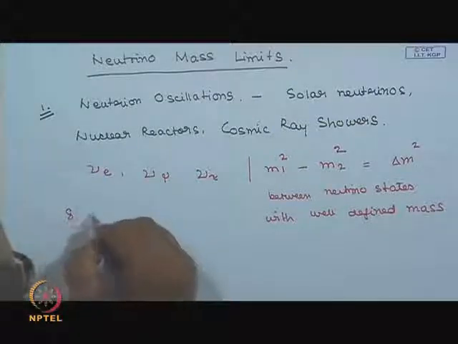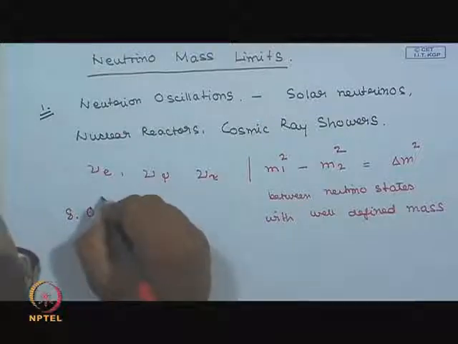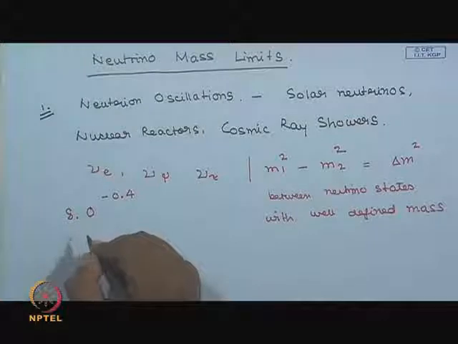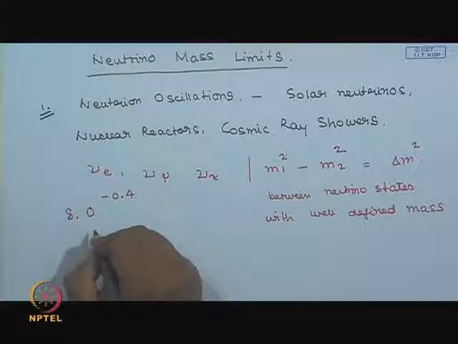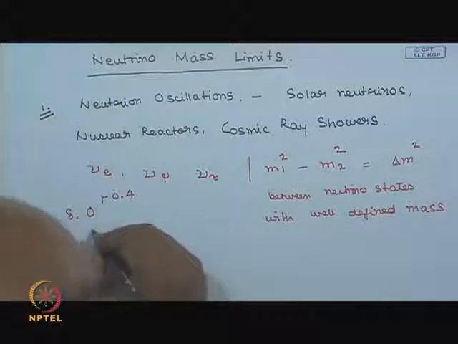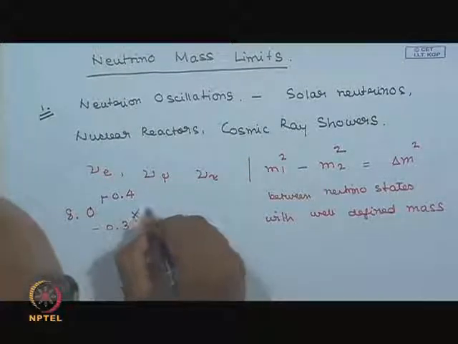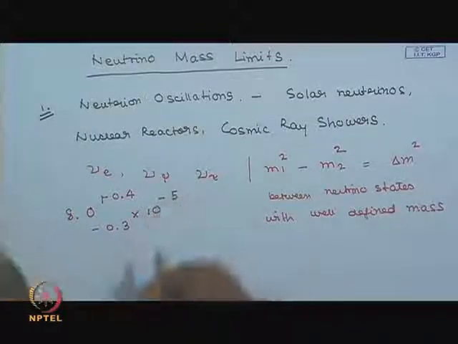One is 8.0 plus 0.4 minus 0.3, these are experimental error bars, times 10 to the power minus 5.